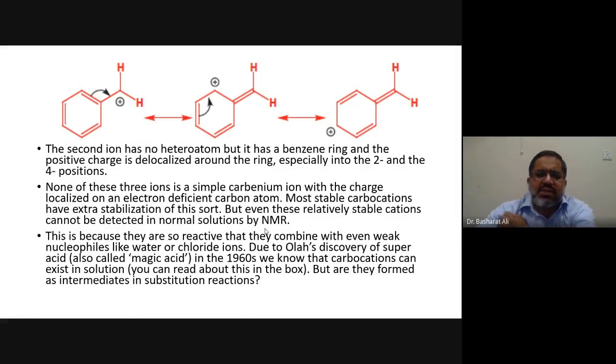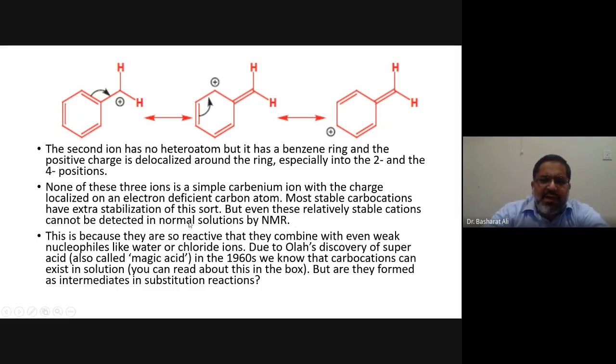In determining a reaction mechanism, a reaction is performed in an NMR tube while the NMR is working on the tube, continuously giving information about what types of molecules are present inside it. This is because they are so reactive.